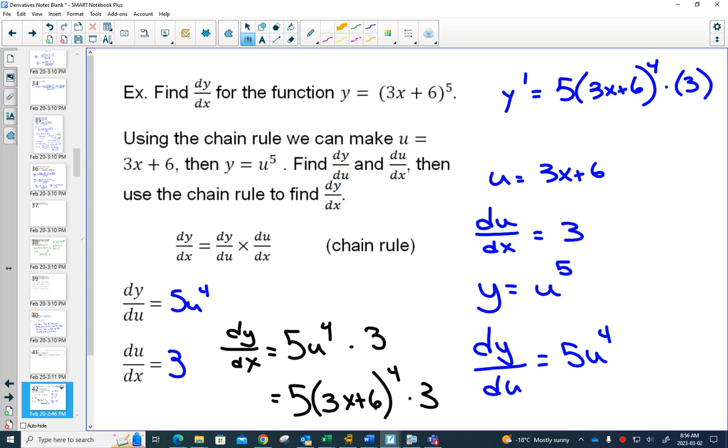Oh, we got the same answer in a lot more time than what we had from before. So we can see why we maybe would just like to do the words of derivative of the outside function, keep the inside function the same, then multiply by the derivative of the inside function, because you could write your answer all at once without doing complicated substitutions.